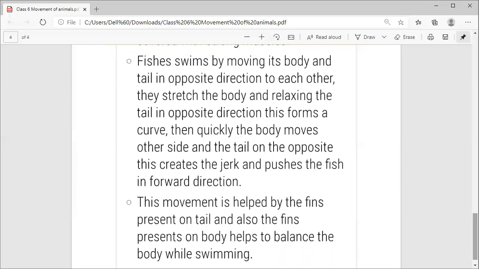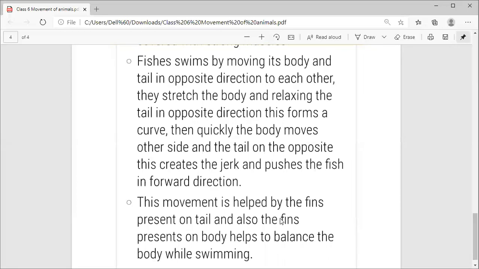And gills are there with which it breathes. When the fish has to change direction, it gives jerks to the body. So fins help, and gills are the part of the fish which help it to breathe.